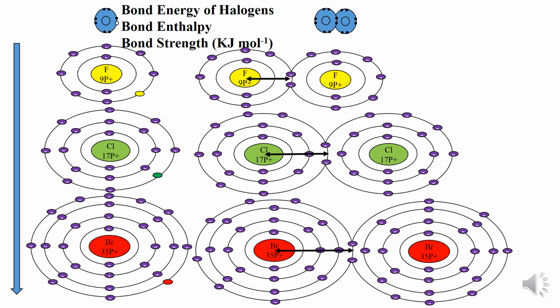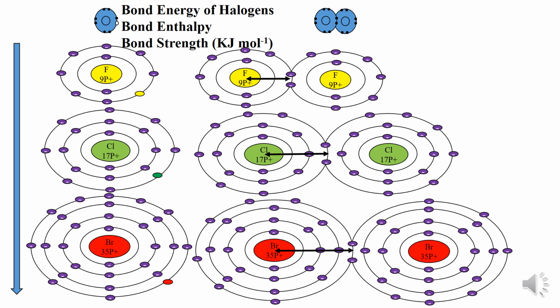Not only that, the internuclear distance also increases. So as an outcome of this, the bond holding both the halogen atoms weakens, or the strength of the bond decreases.